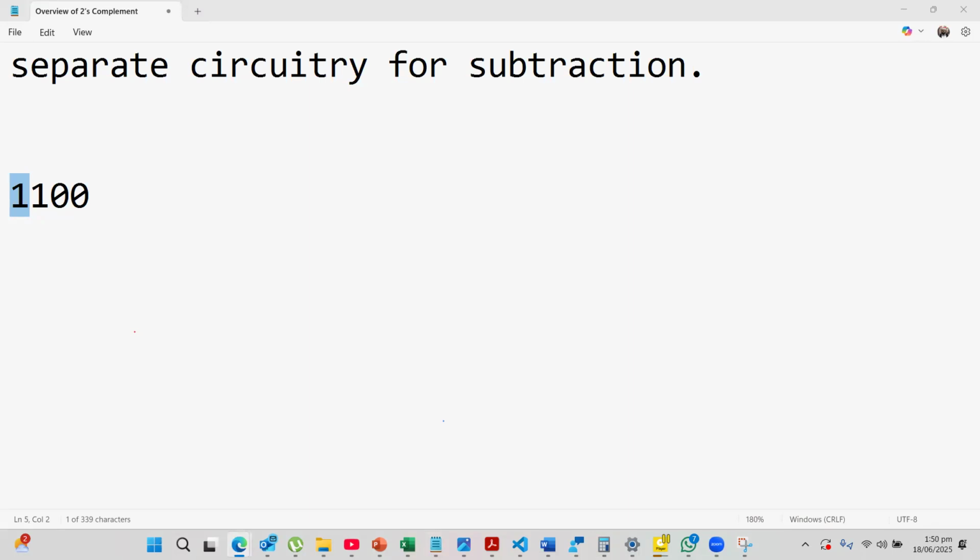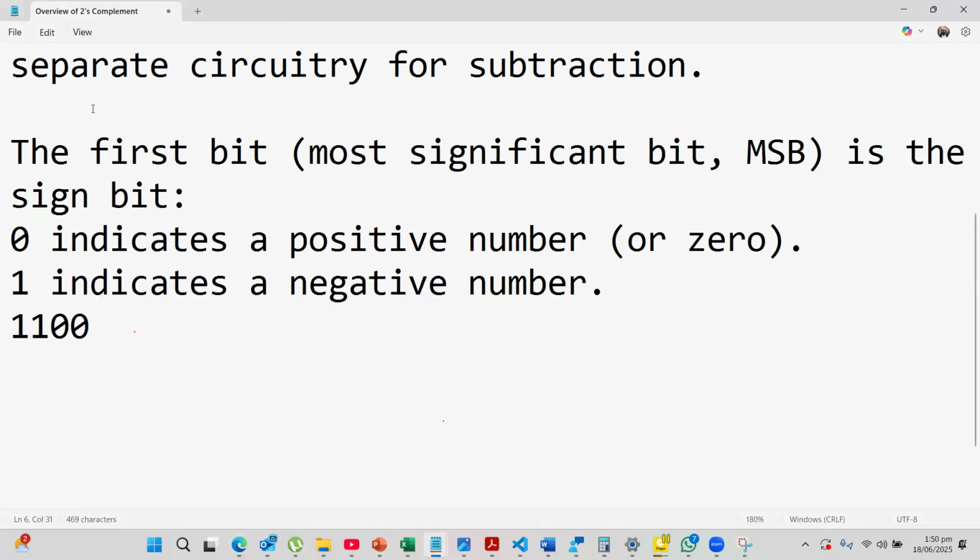Now, the 1, which is the most significant bit, indicates the positivity or negativity of the number. That is the first bit. The first bit, the most significant bit, is the signal bit.